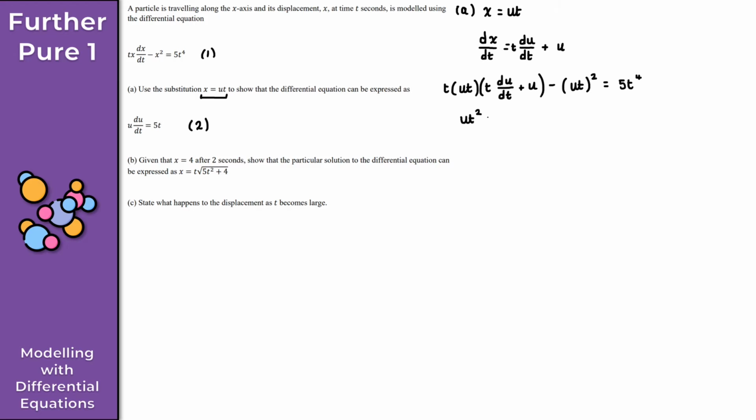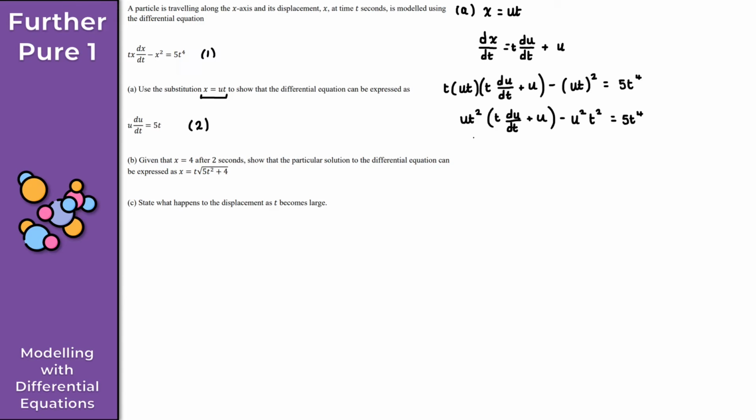I won't expand this with the bracket just yet, so let me write this bracket out again: that's t times du by dt plus u, like so. Now, ut squared here, so that's ut all squared, that gives us minus u squared t squared, and this is equal to 5t to the 4.